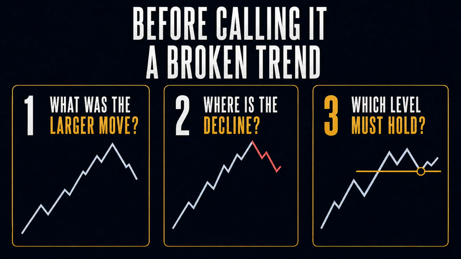Before deciding that a trend is broken or that a decline is only a correction, ask 3 questions. What was the larger movement before the decline? Where does the current decline appear inside that movement? And which price level must remain intact?